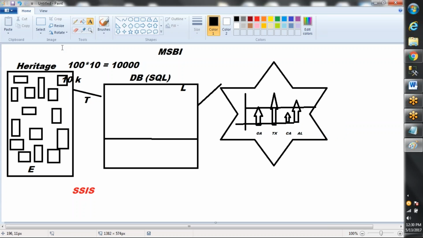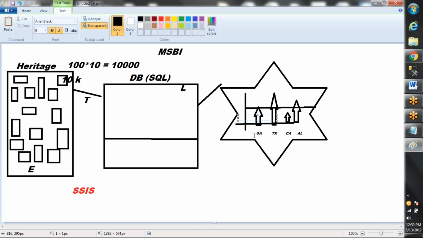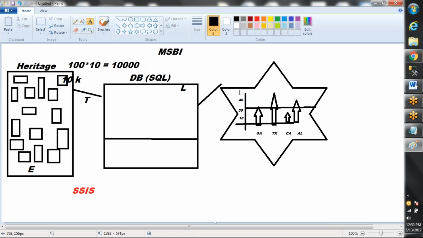Okay, these are the branches showing how the sales are happening, and these are, let's say, 10 million, 30 million and 40 million, like that it is going on the index axis. Now this is the report which I have generated out of the data that I have.